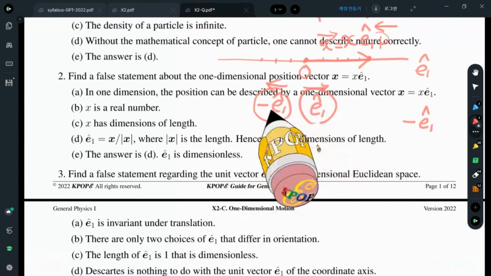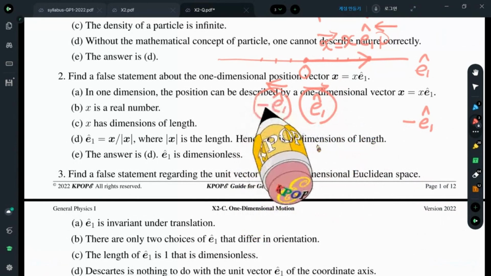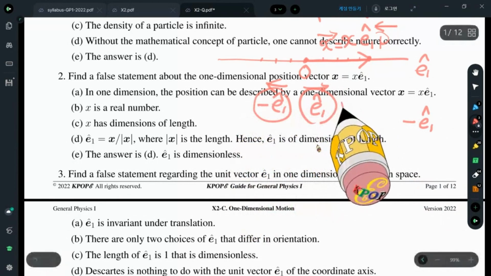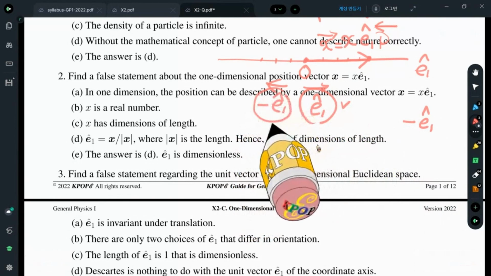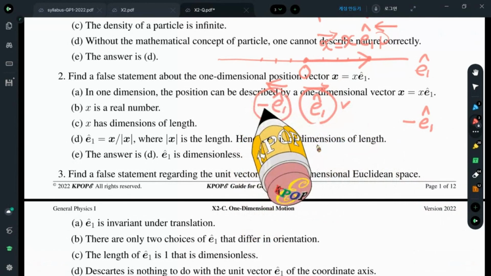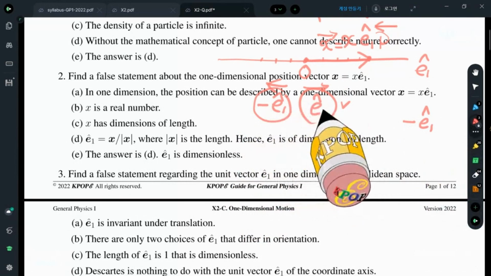It's better not to attach a negative sign to it, so I prefer this one to the minus E1. But you can do this; it is not forbidden. So we can choose either one.